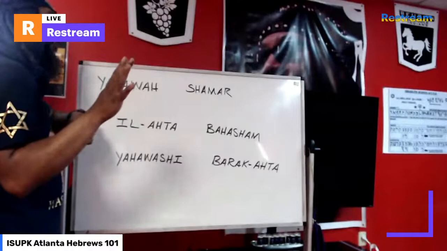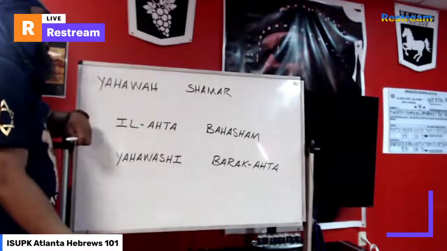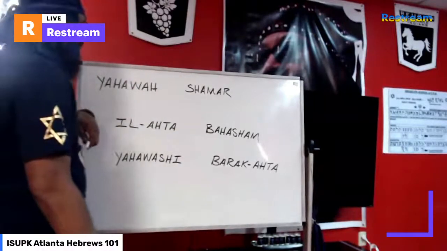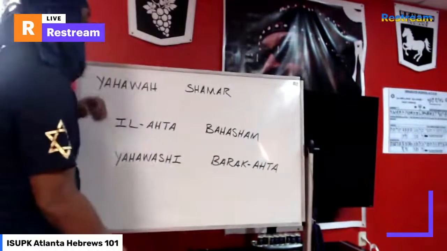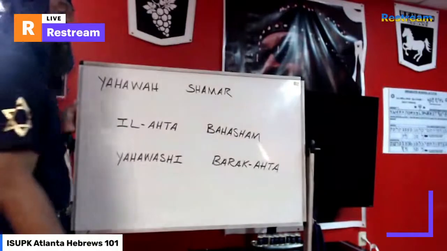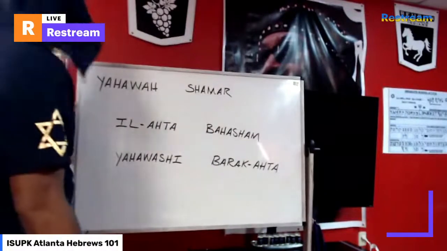So five words. 1, 2, 3, 4, 5, 6, 7, 8. I still see 6. No, prove all things. Prove all things.